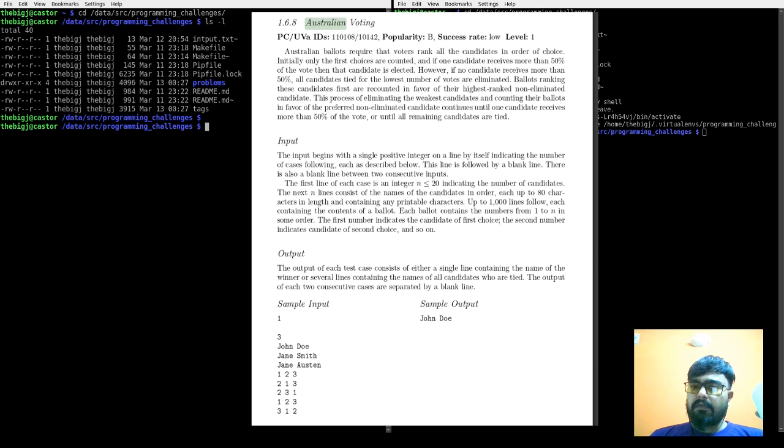However, if no candidate receives more than 50%, all candidates tied for the lowest number of votes are eliminated. What does it mean? So 50% voted, then the candidate is elected.